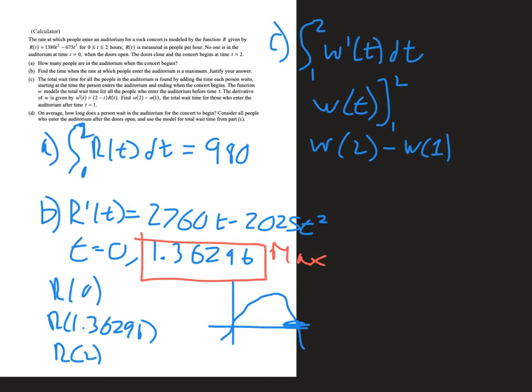And so because this is a calculator allowed question, I can just take this expression and take what I know about W prime, 2 minus t times R of t, which again I have R of t, and just plug that whole thing in my calculator and get the answer. When I do that, I believe what I get is 387.5.